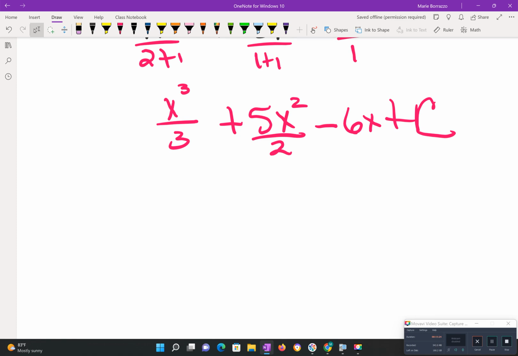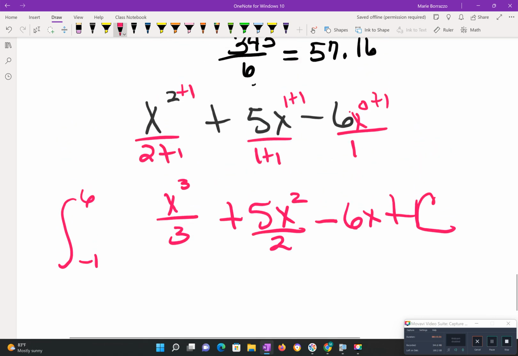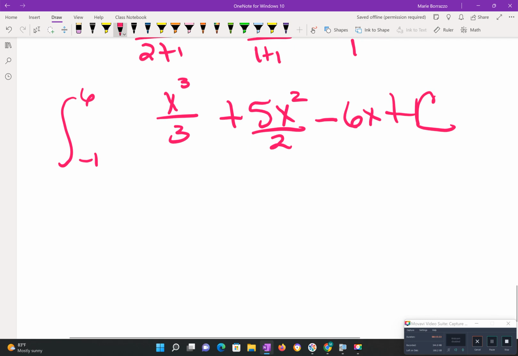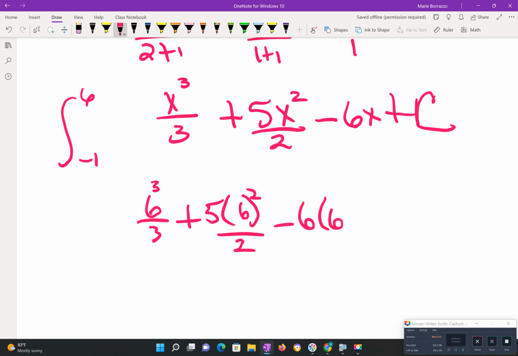Okay, so we start with again, we're integrating from 6 to negative 1. It's in the calculator that you put in the original function. The calculator does it for you. So this becomes 6 cubed over 3 plus 5 times 6 squared over 2 minus 6 times 6 minus, so this is just the first part of the equation.